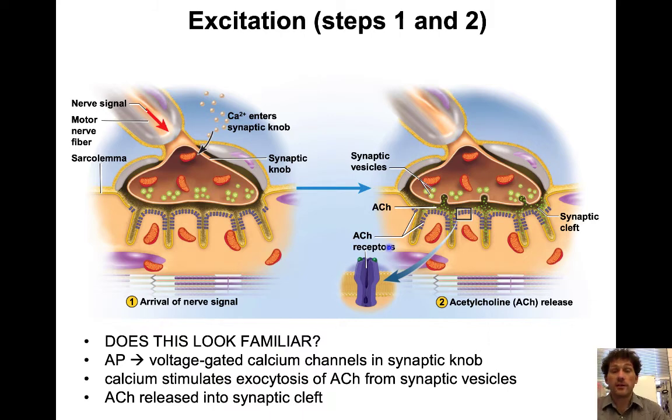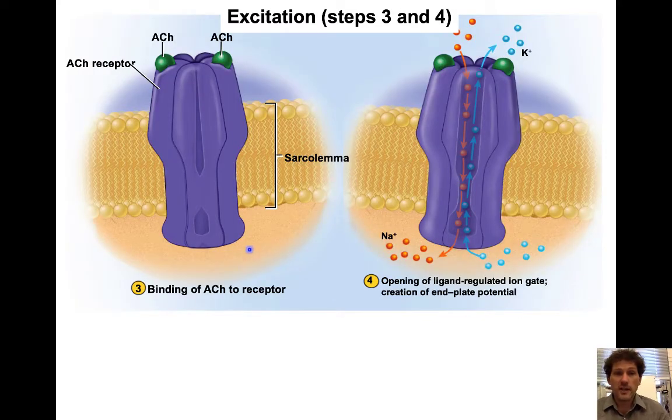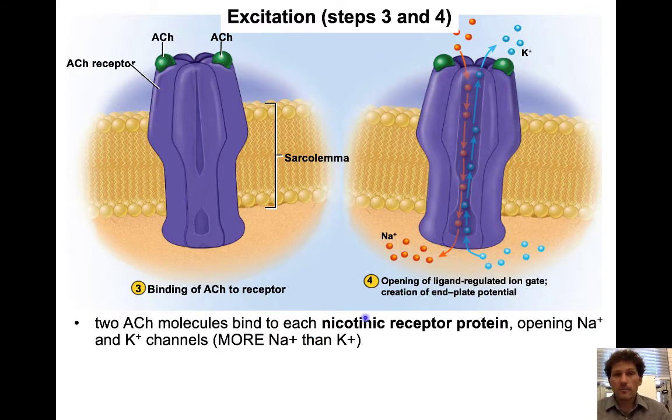Therefore, I need to allow positive ions into the cell. And by doing that, it must be a nicotinic receptor that is present on the sarcolemma here. Right? If you remember, the muscarinic was that second messenger, that G-coupled messenger system that then opened potassium channels and had that inhibitory effect. So if we move to the next slide, oh, bingo, here's our nicotinic receptor protein.